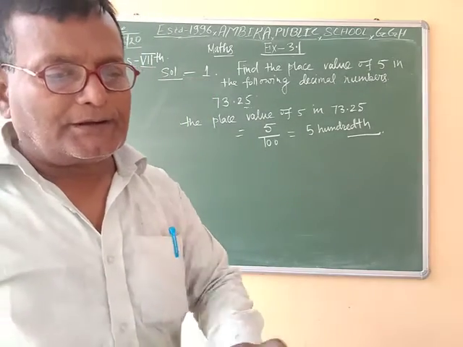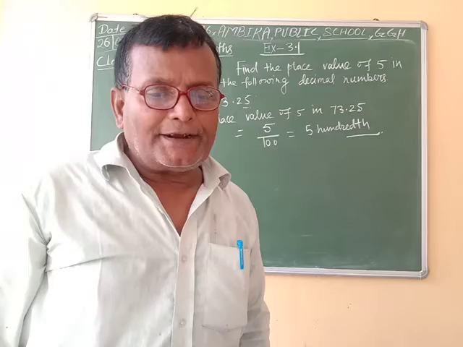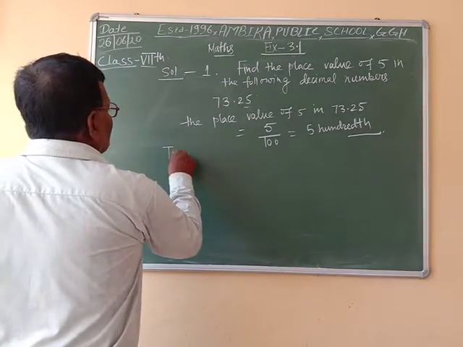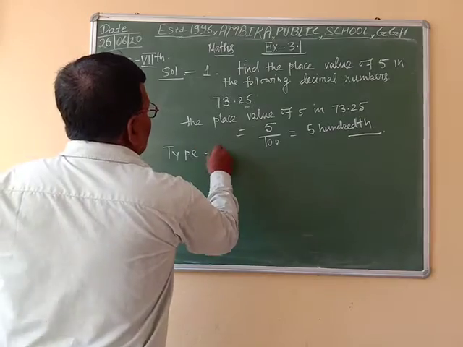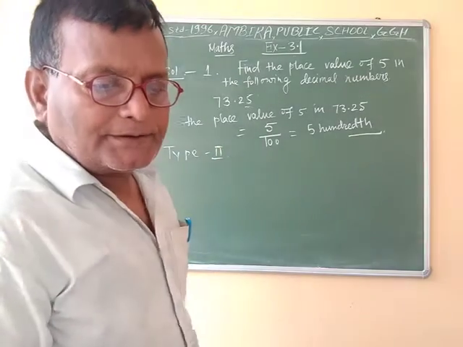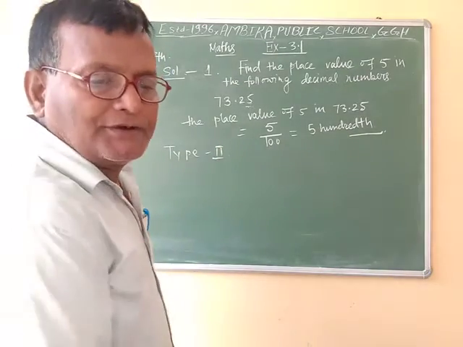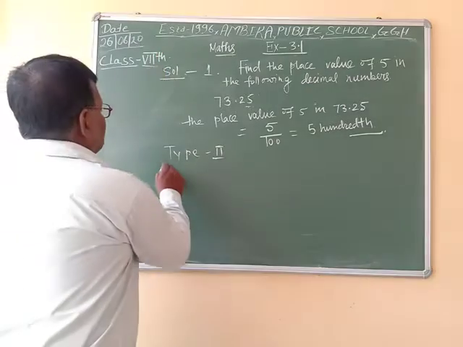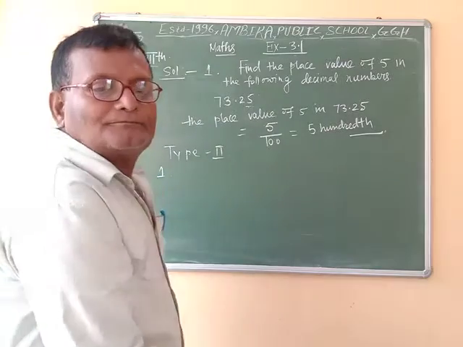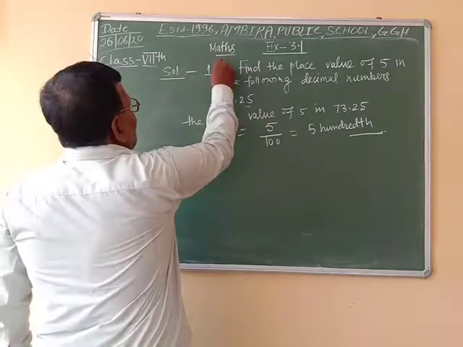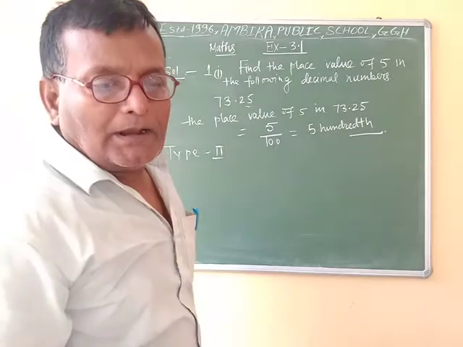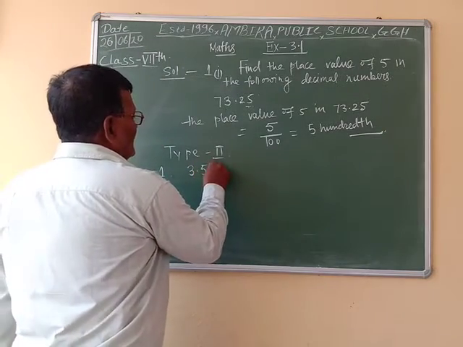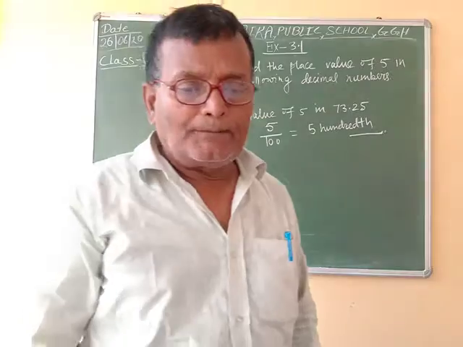Type 2 question. Write the following decimal numbers in expanded form. 2.03, 3.54.